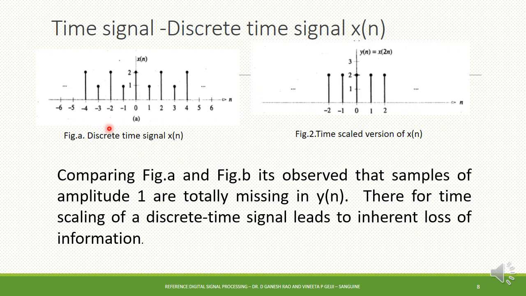If after applying it I am not able to get one or two samples, it means there is a loss of information in the signal. So in a discrete time signal, when you apply the time scaling property, we are going to lose the information.